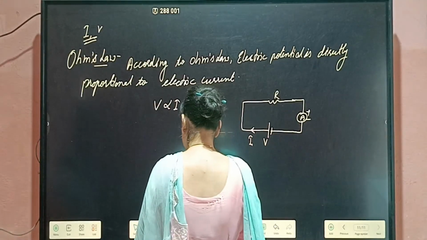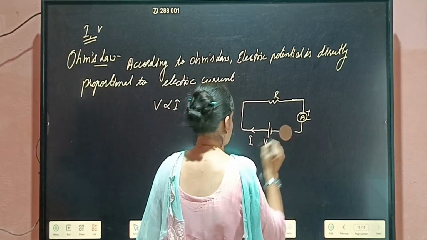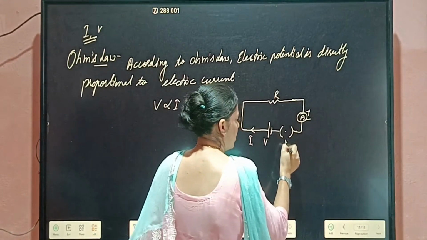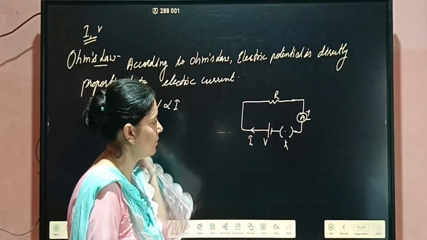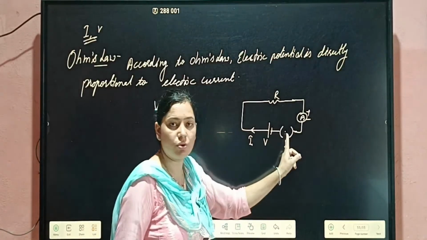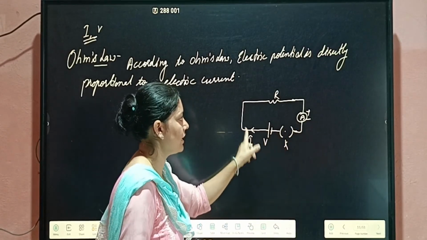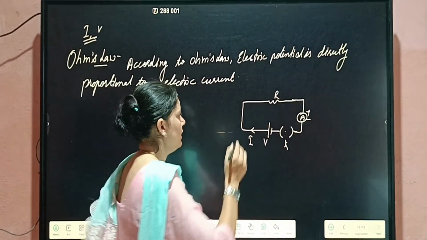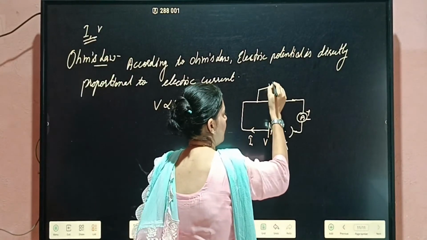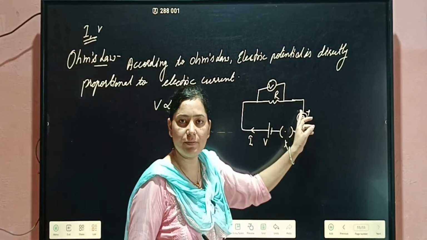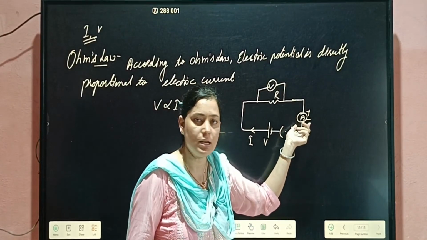Here we can connect the key. In this one, if the dot is there, it is switched on. If the dot we remove, then it is off. So as we switch on, then current will start flowing through this. Then here we will connect a voltmeter to measure the value of the voltage. Here we are attaching the ammeter for the value of the current.